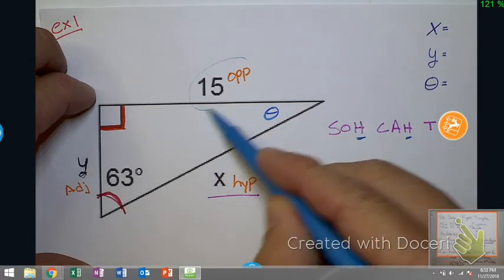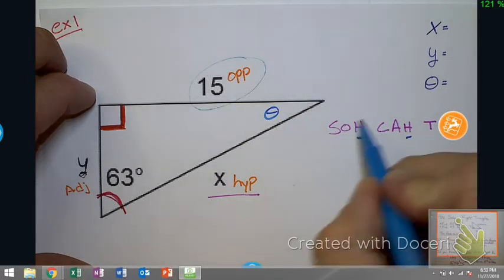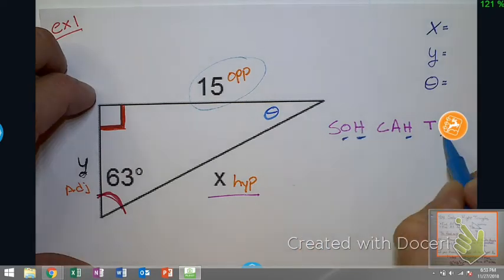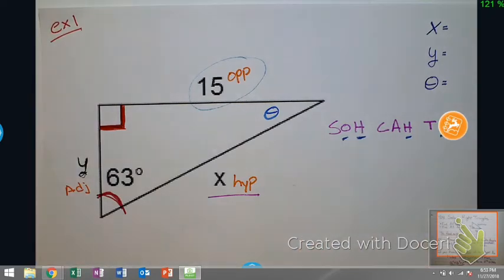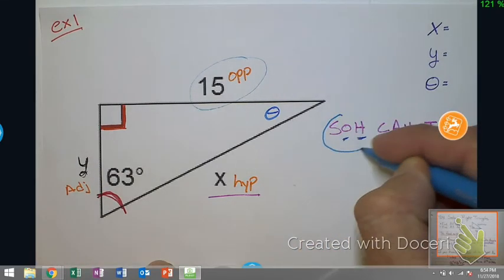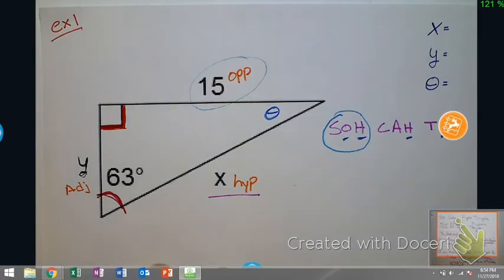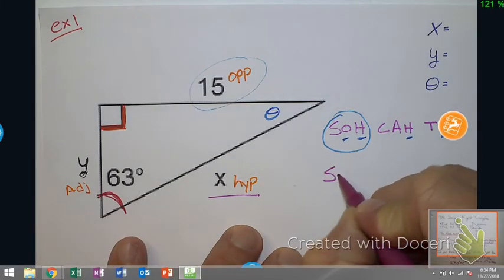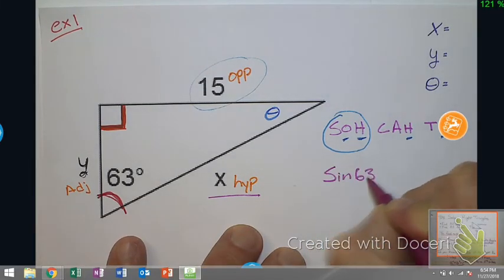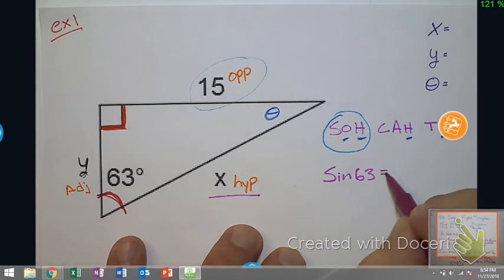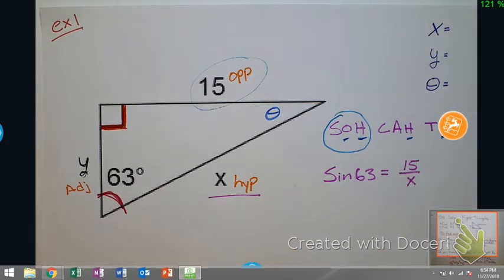We know 15 is the opposite side, SO and TO. That tells me that this is going to be a sine problem. Let's set up our trig equation. The sine of 63 degrees is equal to the opposite side over the hypotenuse, 15 over x.